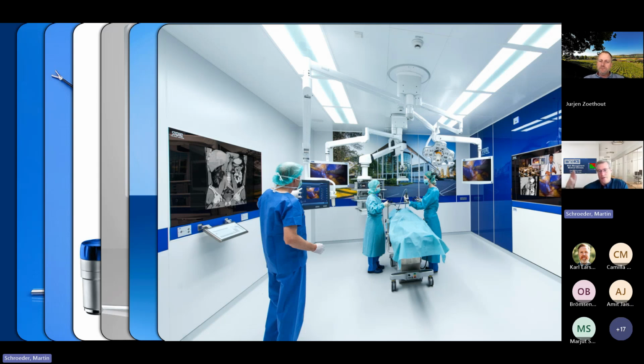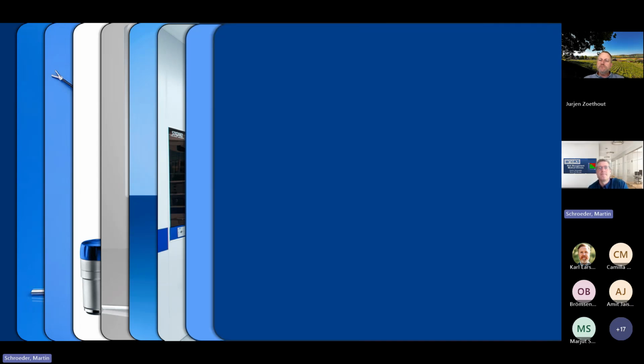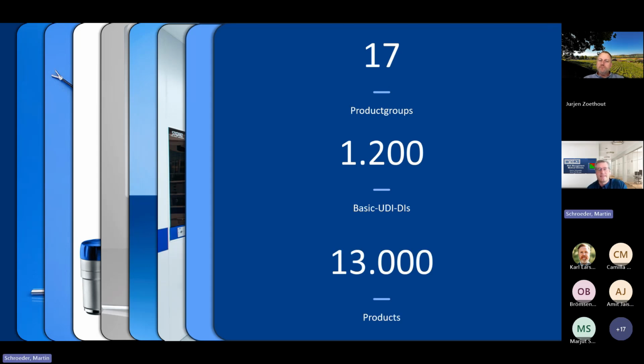So get away with all the drain brain stuff and make it easier for the customer. So this is all the different areas that you'll find KARL STORZ products in. And so it's 17 product groups, 1,200 basic UDI products, and as I mentioned, over 10,000 products.